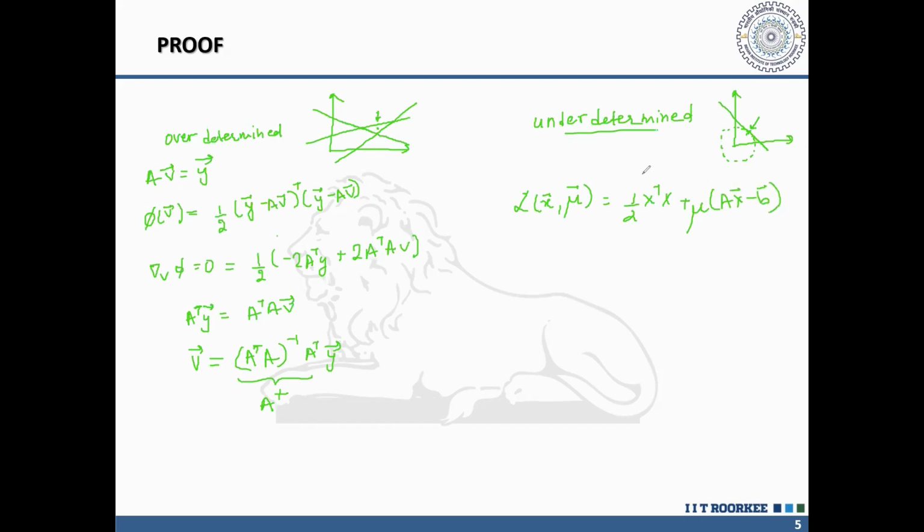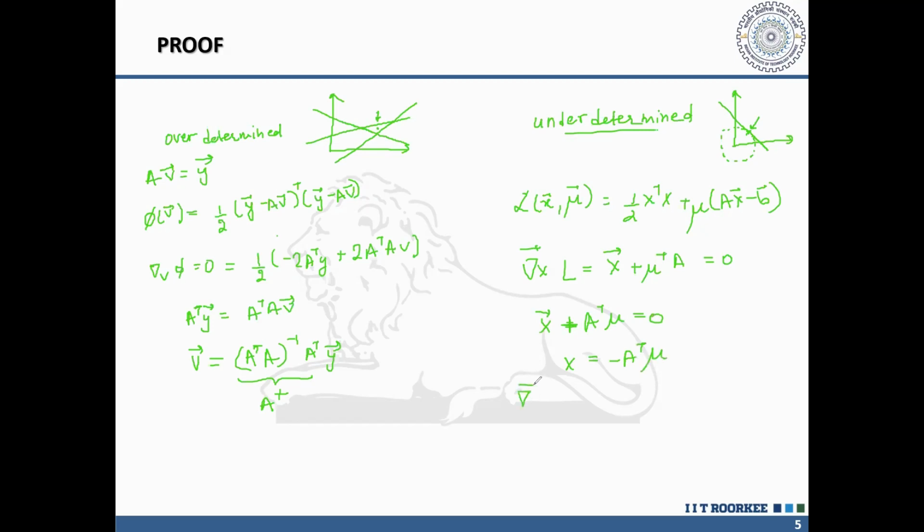Right? And when you differentiate it with respect to x, you get this, which is supposed to be 0. So we can rewrite this, and then you get x equals minus A transpose mu, right?